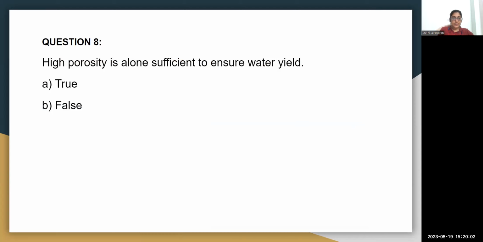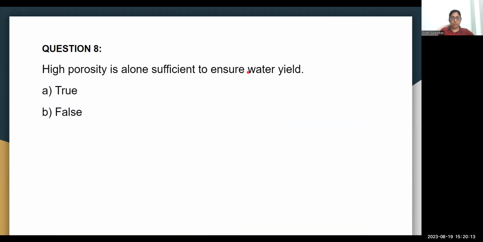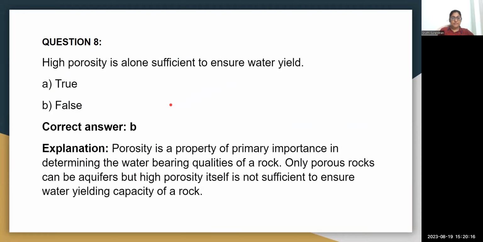Question number 8. High porosity alone is sufficient to ensure water yield in an aquifer. Is this true or false? Correct, it's not true. Porosity is just one of the important parameters we can use to signify the quality of the aquifer.